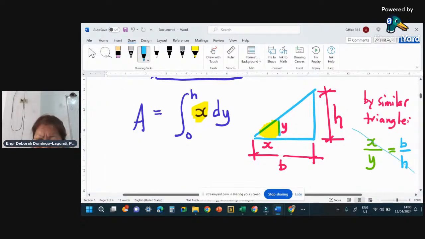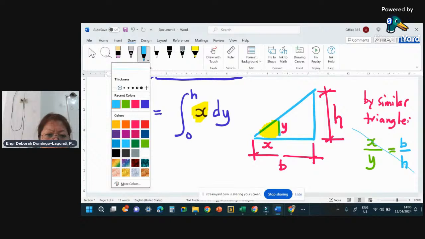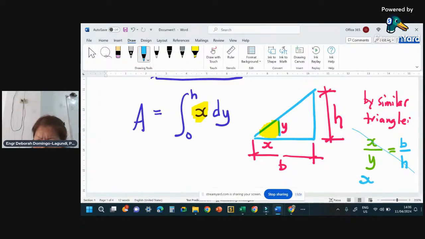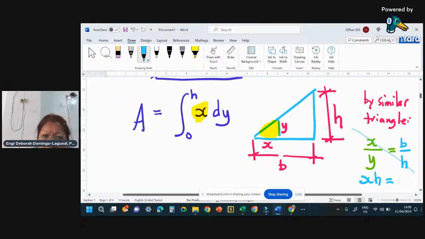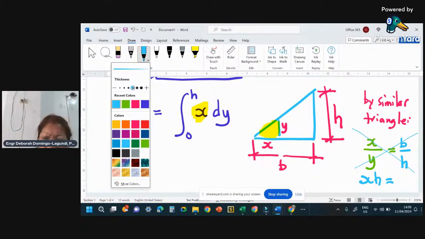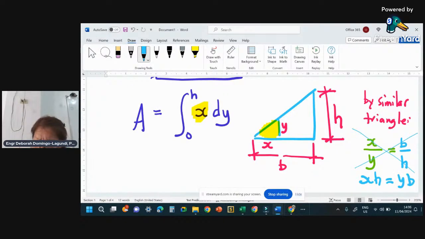So by cross multiplication, I'll make that one smaller and thinner. x times h is equal to xh, and y times b gives you yb. Okay, let's put it here. xh is equal to yb.